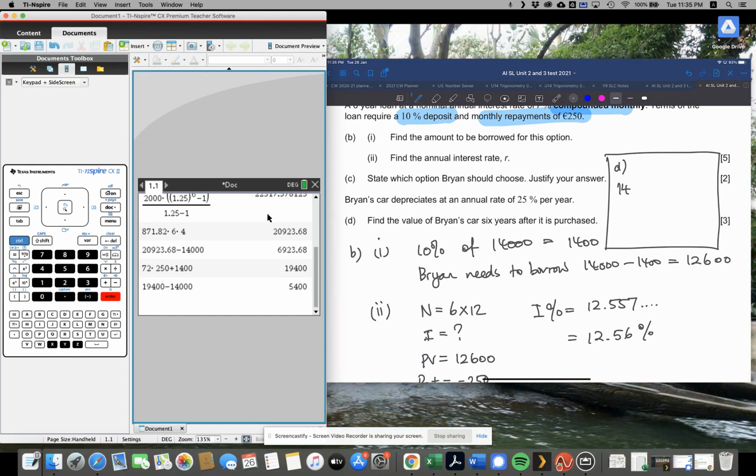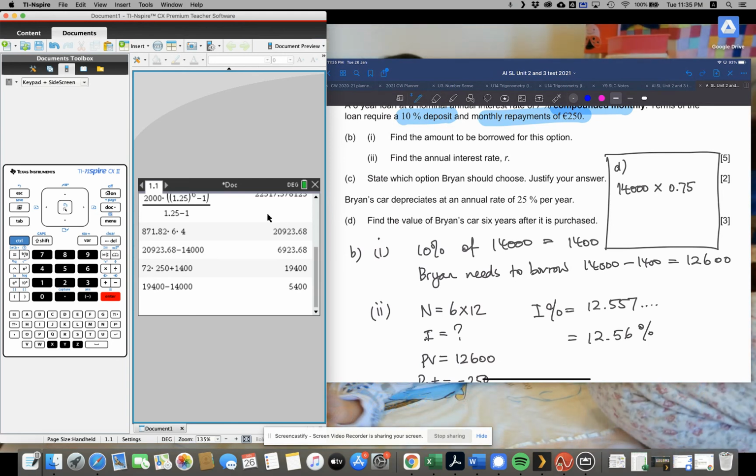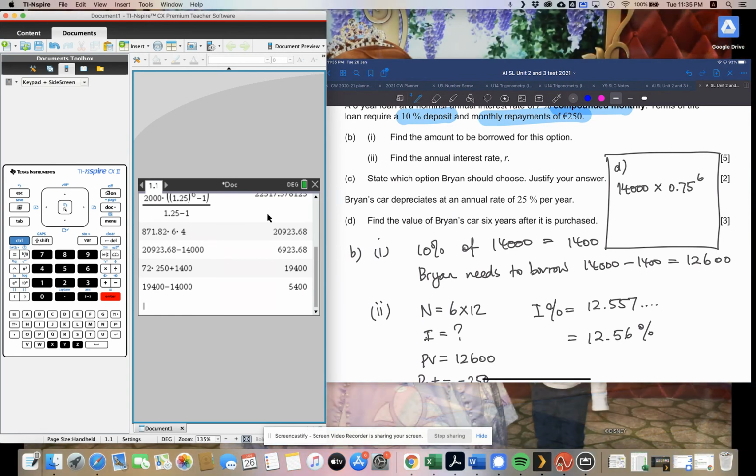the car worth this much, 14,000. And if it is only keeping 75% of its value after 6 years, then that's 0.75 to the power of 6.